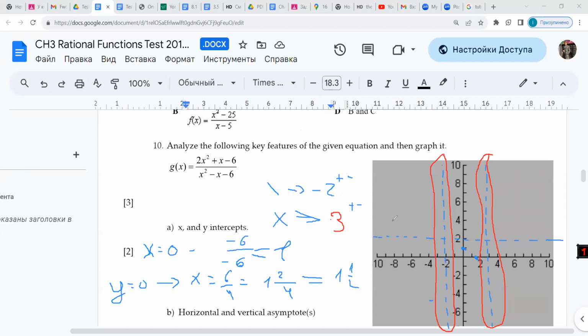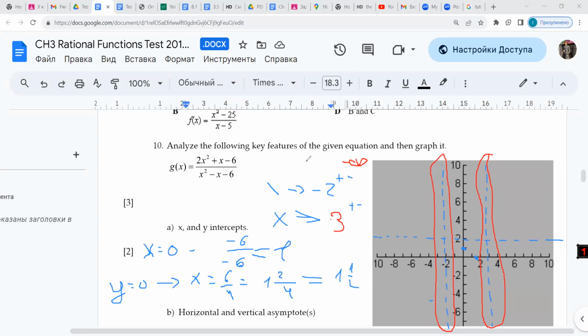So you can do that on your own, but I'll tell you that to the right hand side from -2, it's supposed to be negative infinity.